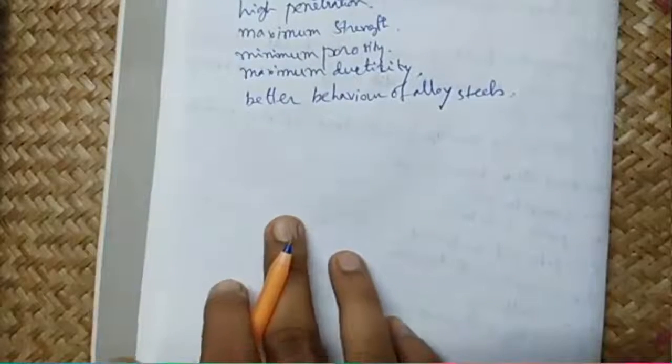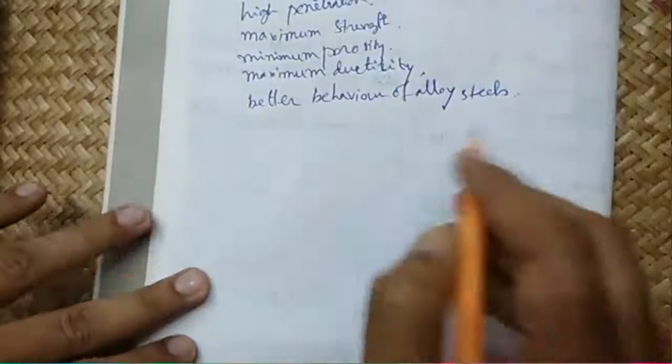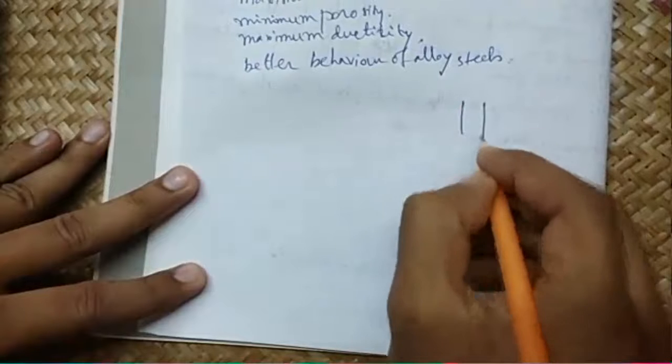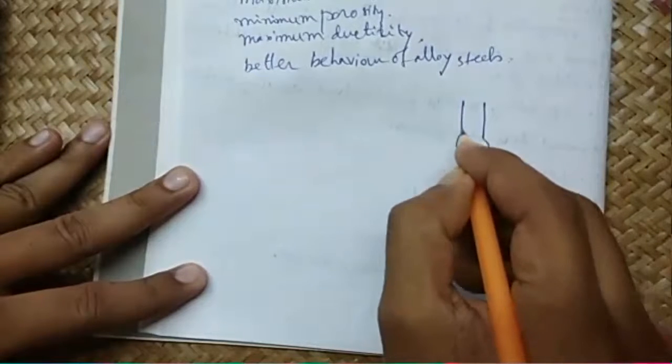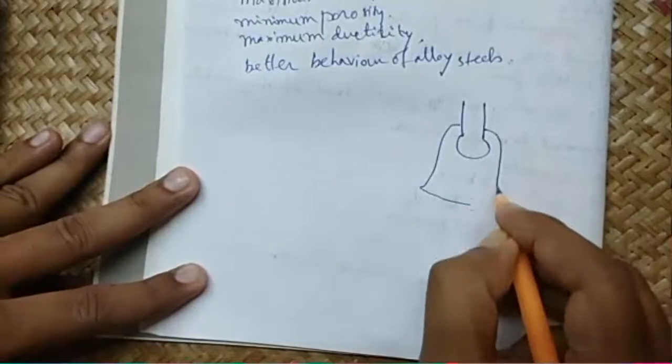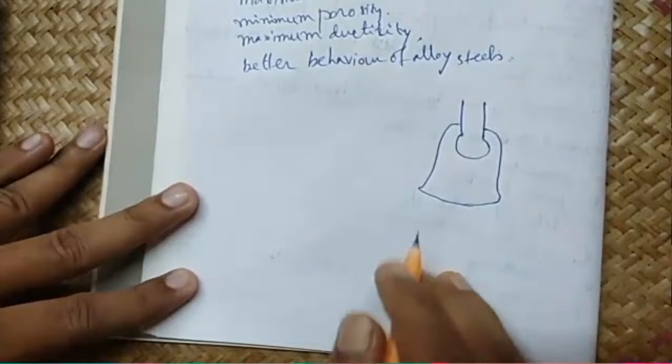Now, the arc produces a shape like this. If this is your electrode, the arc produces a bell shape.